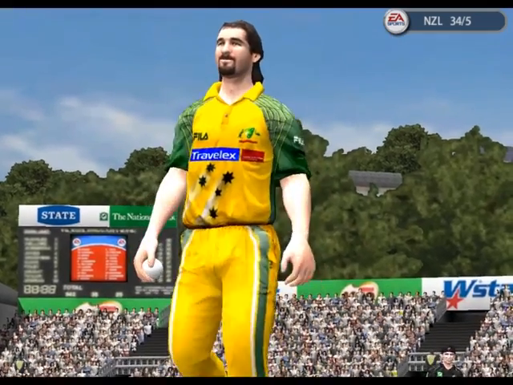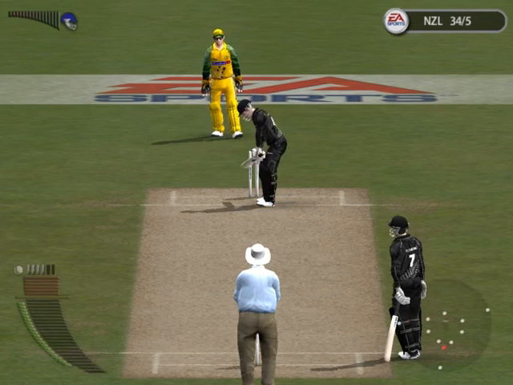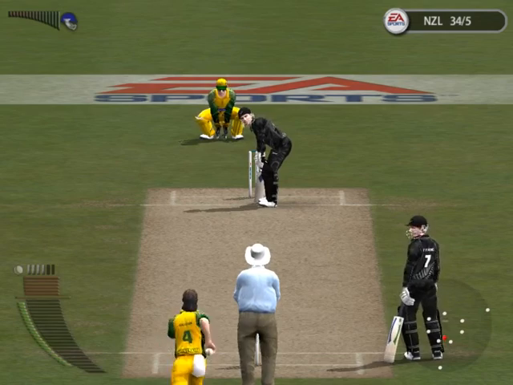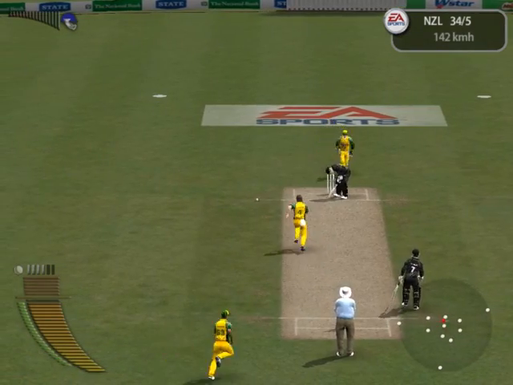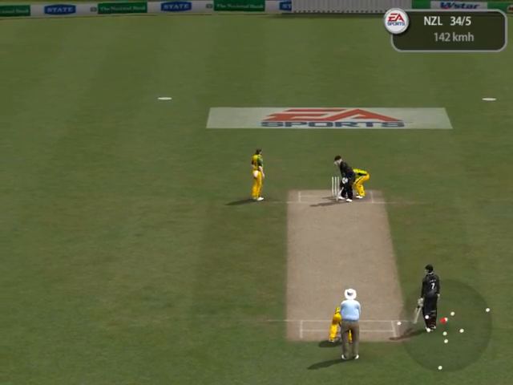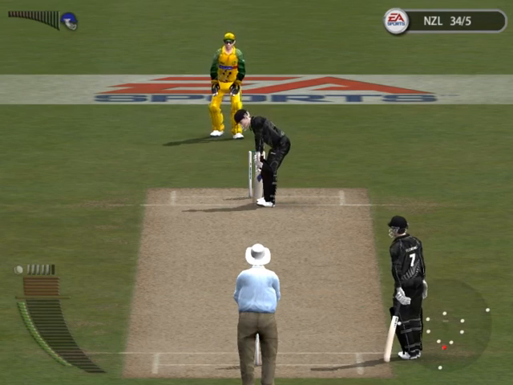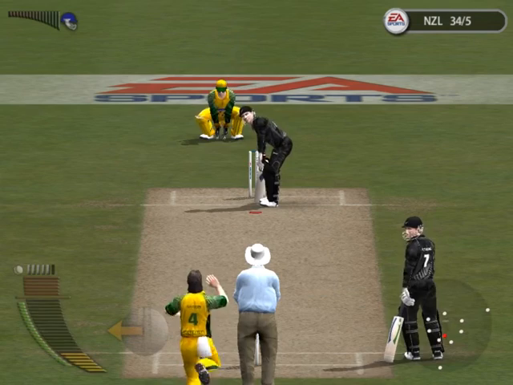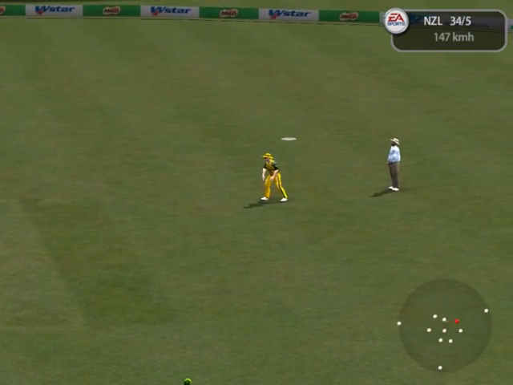They have 5 wickets in hand. Gillespie continues. Hit straight to a fielder.